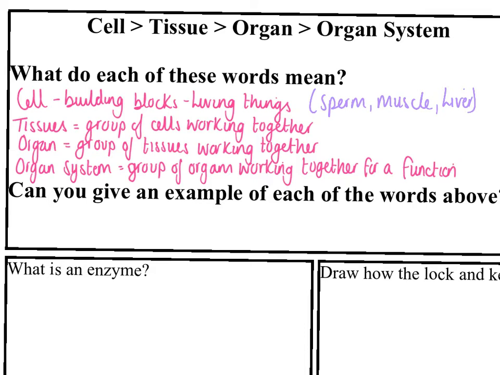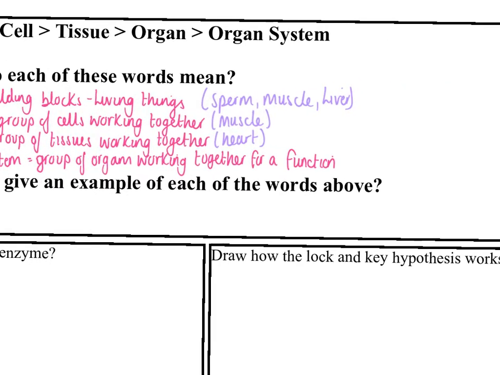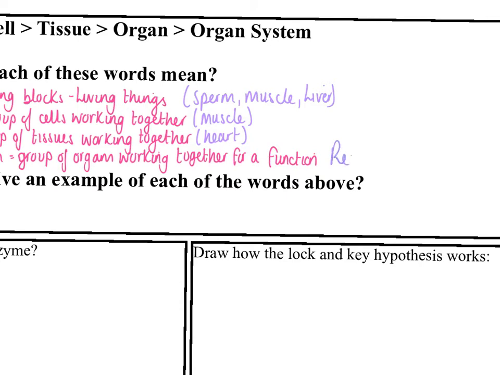Then tissues, we could have muscle tissue, main example. Then organ, well, we can all name organs. We can go for the heart, lung, brain, etc. Organ system, I'm going to go for the respiratory system as an example.